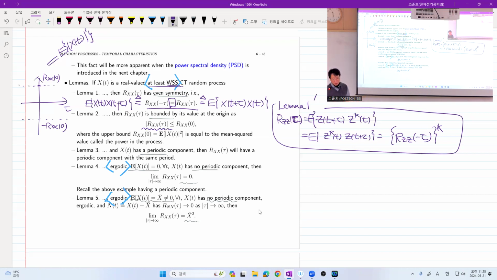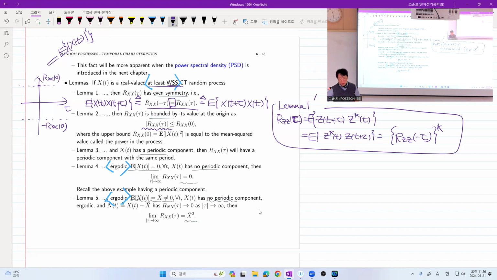So what I want to say from lemmas 1 and 2 is that if X is a real, at least wide-sense stationary random process, it is bounded by positive and negative Rxx(0), and it's a symmetrical function. You can take some negative values for some tau.